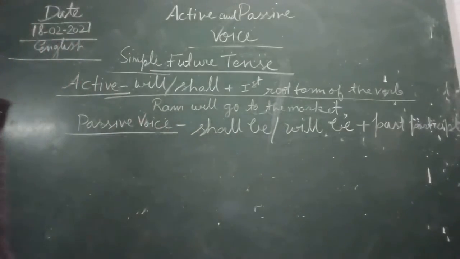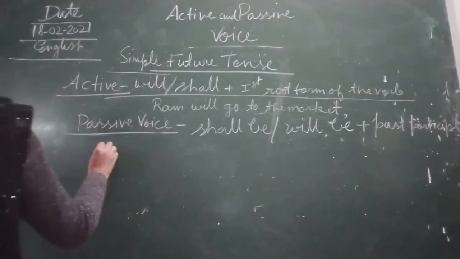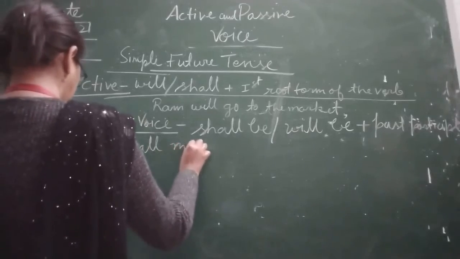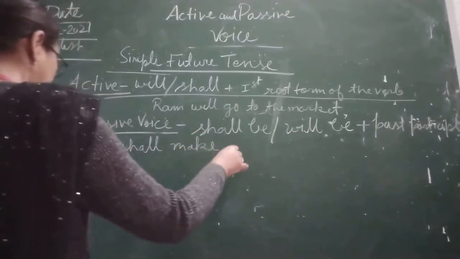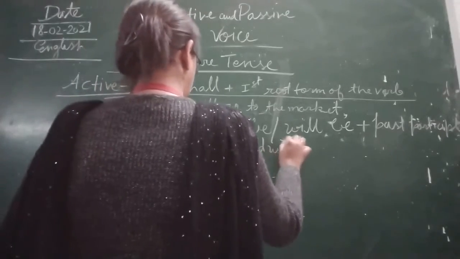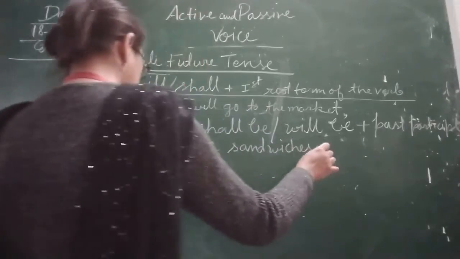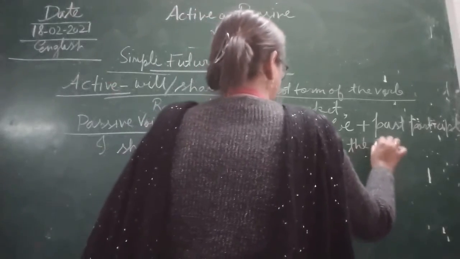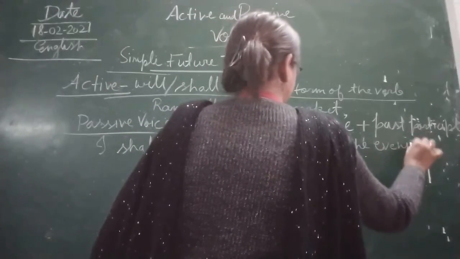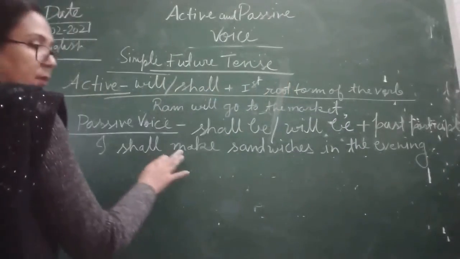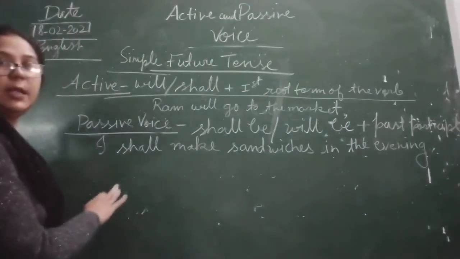Okay children, now I will give you one example. I shall make sandwiches in the evening, children. Okay, this is simple future tense.